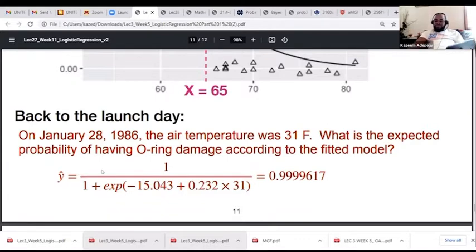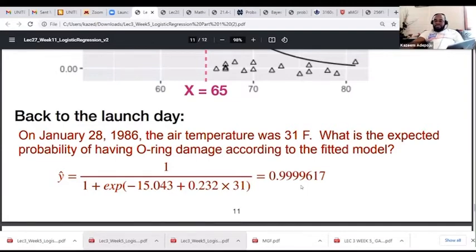So I'm actually going to plug in that temperature and compute this one. And oh my God, that's a lot. That's 0.999. This is very close to one. Which means when temperature is very, very low, at a low temperature, the probability that you're going to have O-ring damage is going to be very close to one.